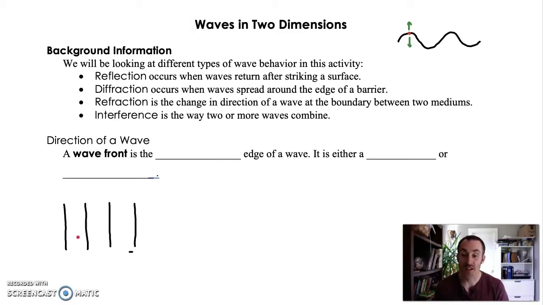Here are our wave fronts, and they are all going to be moving this way toward the shore. So you're watching energy moving from way out over here, and it's moving this way, and that movement of energy is seen by the movement of the water up and down and slightly back and forth. Water waves are kind of a combination of transverse and longitudinal waves. Now we would call these guys wave fronts.